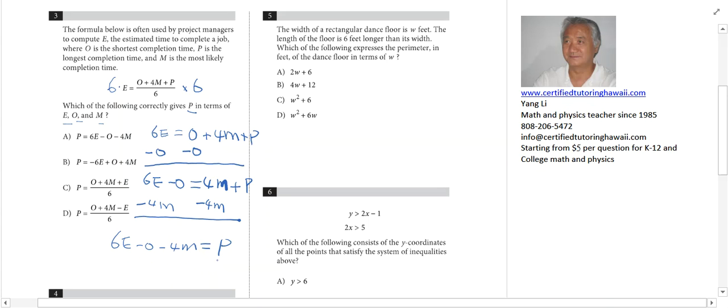We will find out the P in terms of E, O, M. So look at the choices here. We can see that P equals 6E minus O minus 4M. So A is the answer for this one.